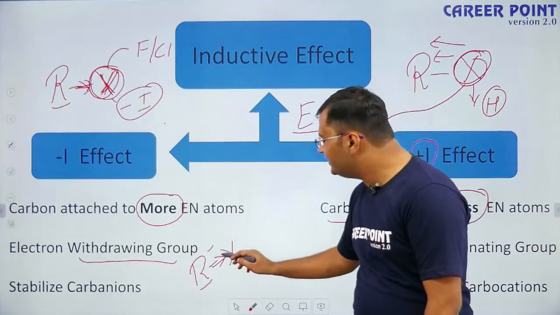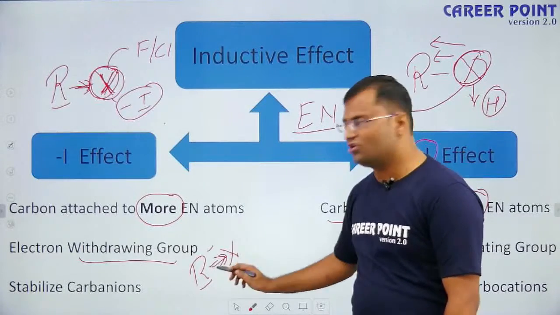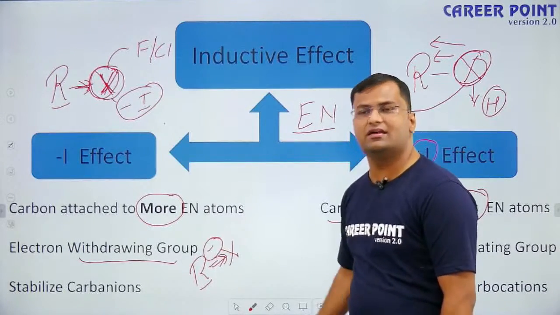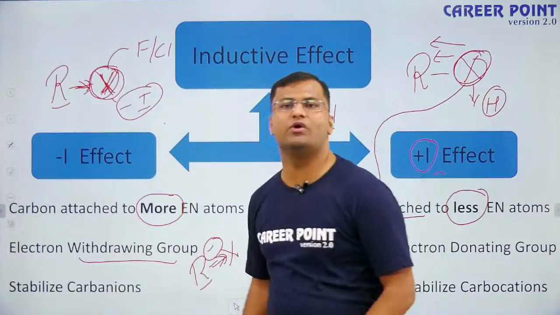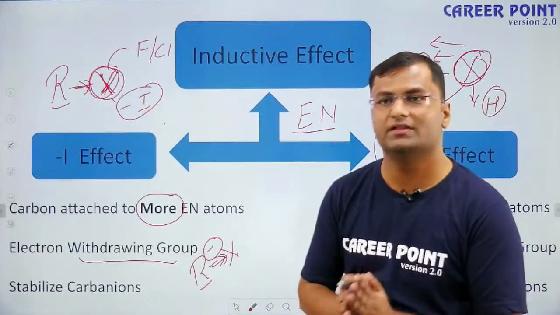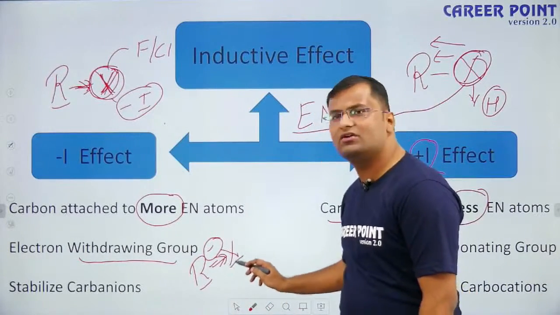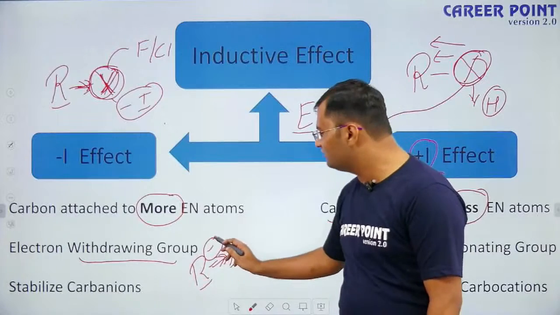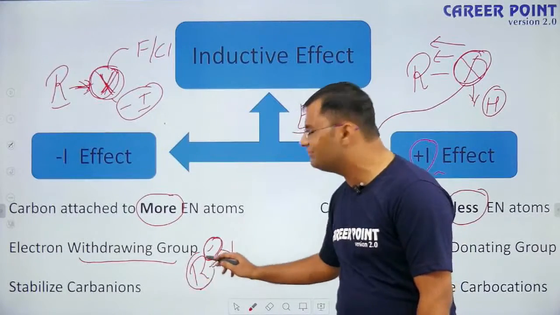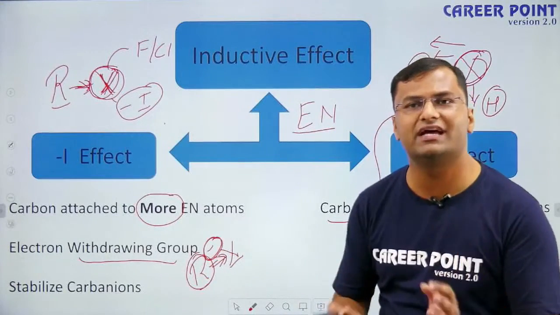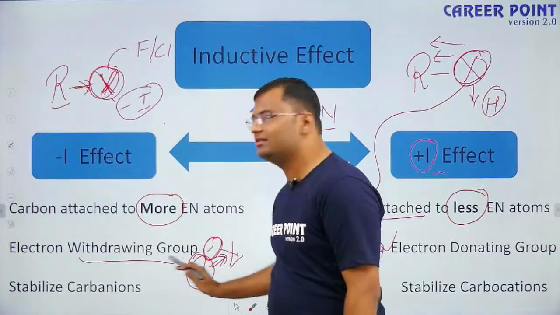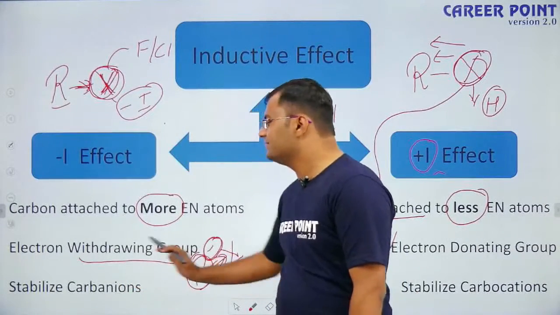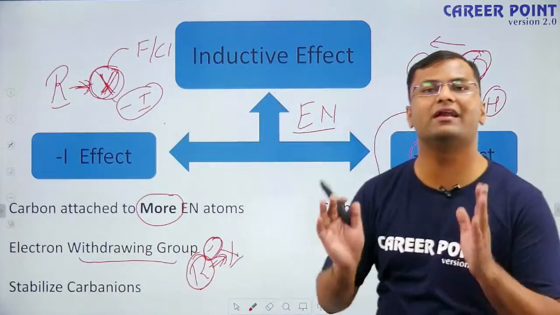As it pulls the electron of this negative charge, the carbanion is going to become stable. This electron withdrawing group pulls the electron of this R minus and R becomes stable. So we can say that due to this X, they stabilize the carbanion.